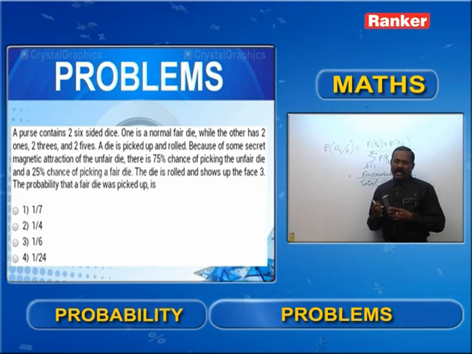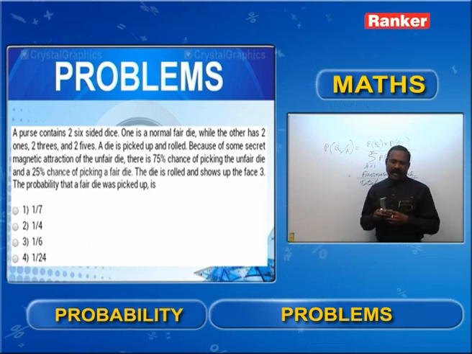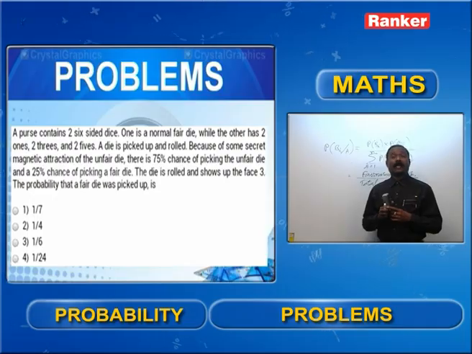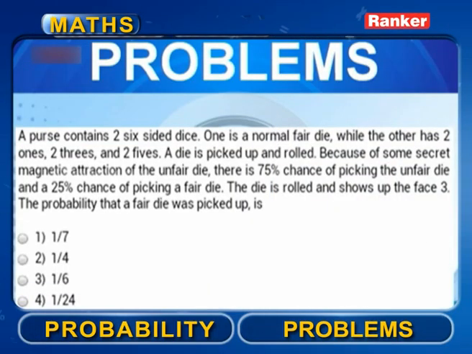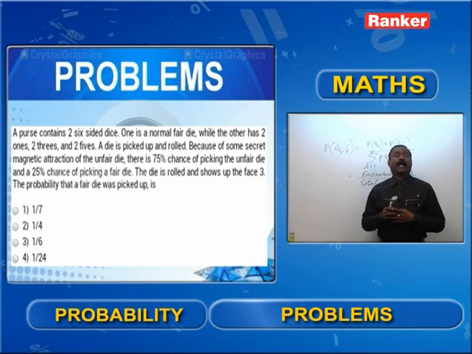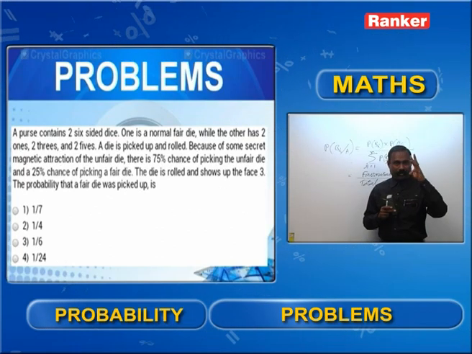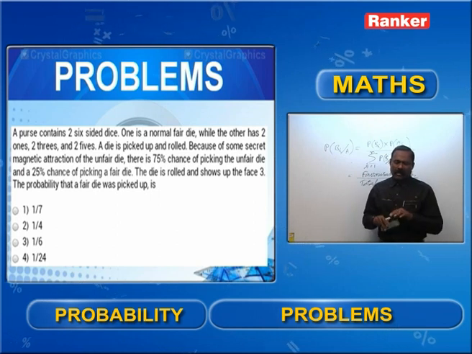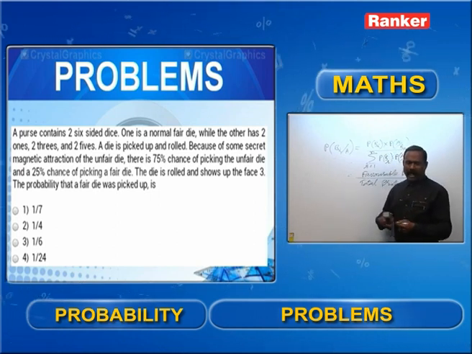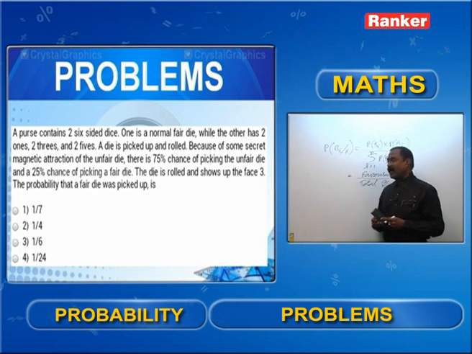And the die is rolled and shows the face 3. The die is picked up and thrown, and it shows the face 3. The question is: what is the probability that a fair die was picked up?